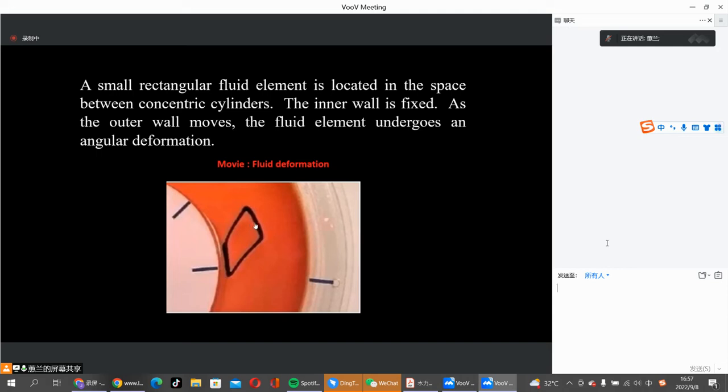If the outer wall keeps moving, the fluid element is also moving, and actually the fluid element undergoes angular deformation, and it will not stop. Again, you can see this. That means the fluid element will continuously deform under the action of the shear stress.